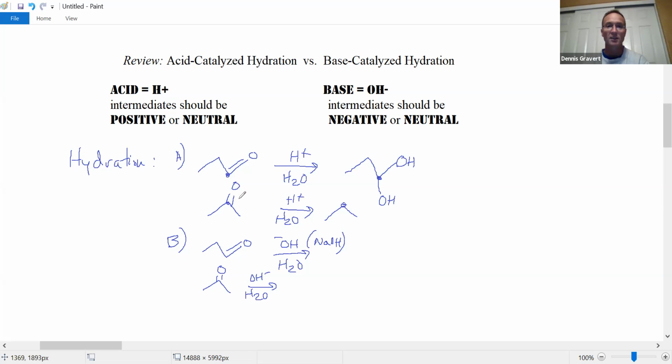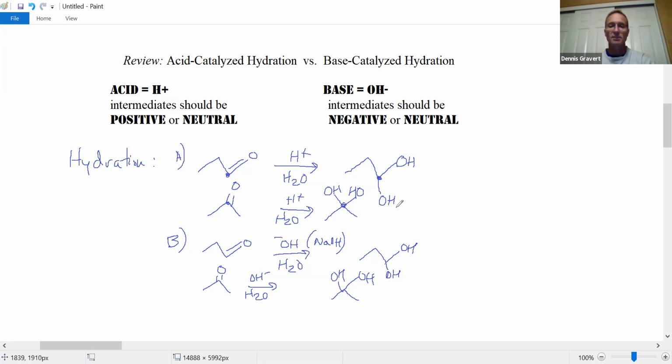We can squeeze in here the ketone, split the double-bonded O into two O's, single bonded, make them both alcohols. Do the same thing down here, get the same exact products. The mechanism, however, is different. Get the same products. Cool.